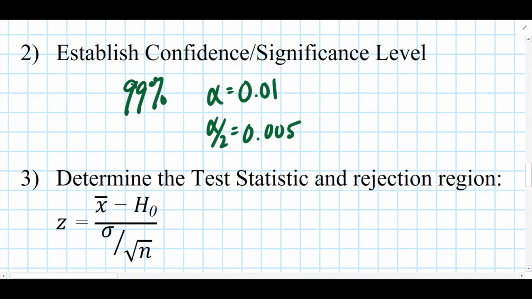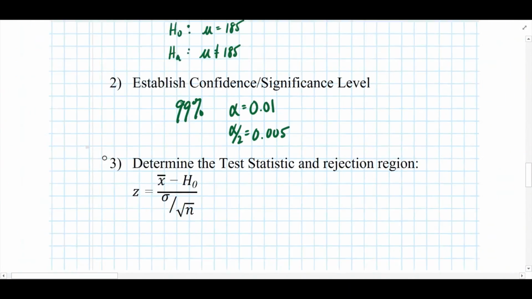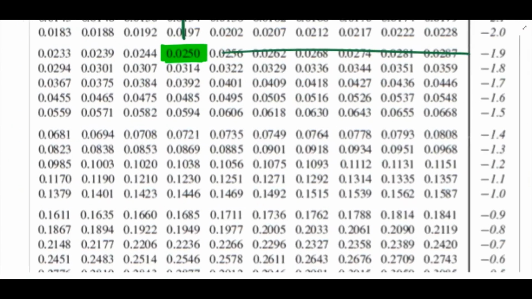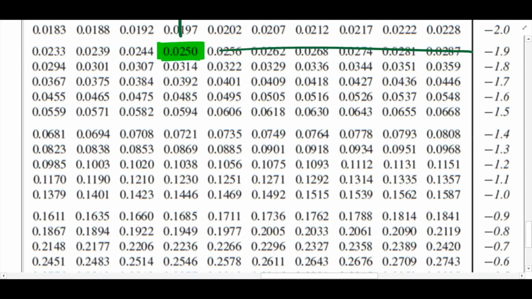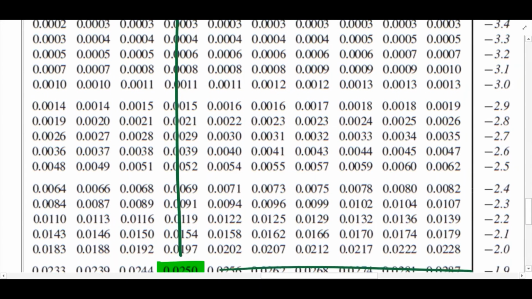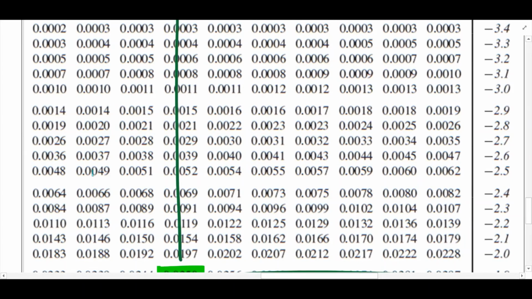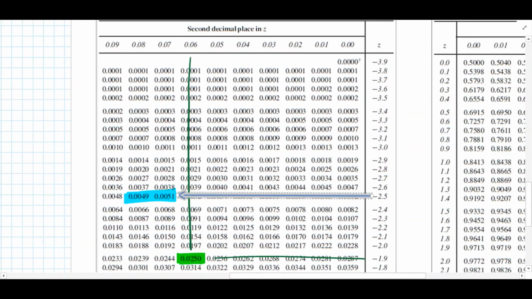We use this number to find our rejection region. This value falls at a positive and negative 2.575.